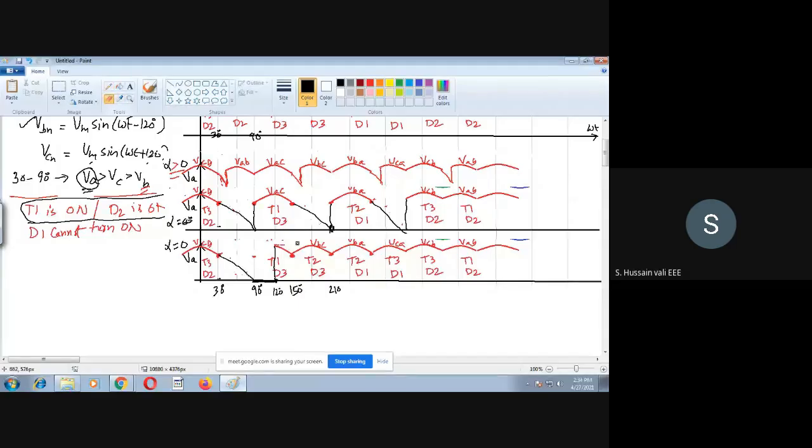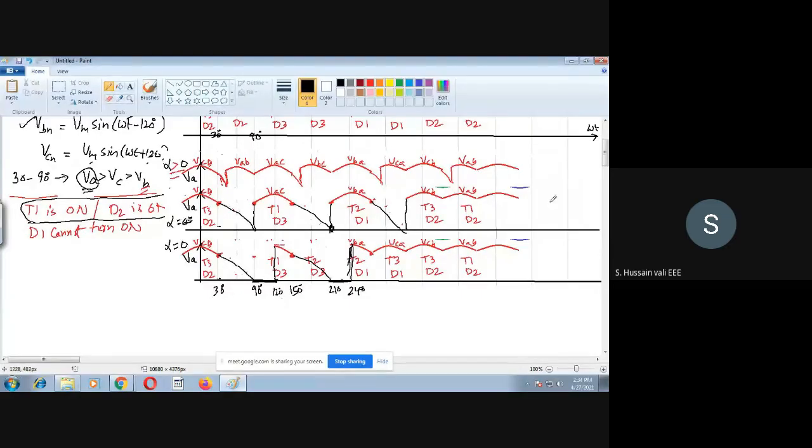Similarly, let me complete this also. Here 0, 210 to 240, then it will jump suddenly. During this, from 90 to 120, the output voltage is 0.